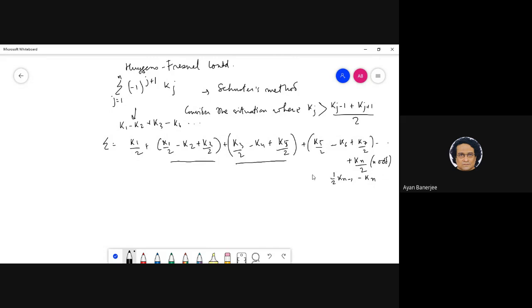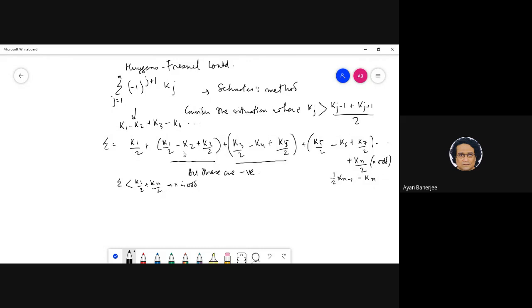So the moment I have this, when all these are negative, I can safely say that this sigma is less than k1 by 2 plus kn by 2 when n is odd.